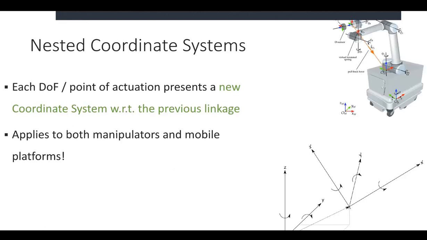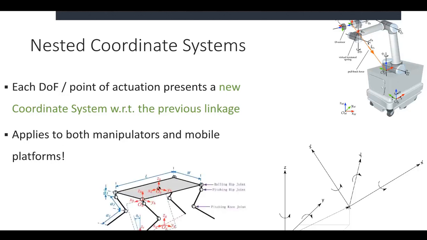And so here we can see a bunch of different coordinate frames coming from different joints on this mobile robot. And so this is something that we're going to have to deal with when we start talking about modeling. We're going to need a coordinate frame for that robot. If we had a manipulator arm like this, then we're going to also have different coordinate systems for each of these subsequent joints down the line.